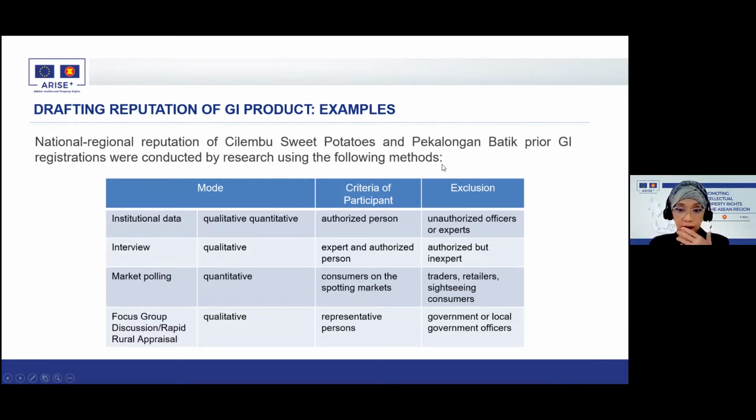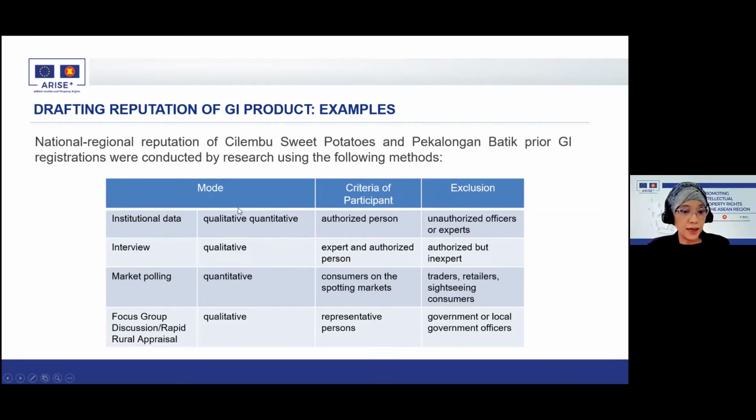Cilembu sweet potato has been registered as GI, but Pekalongan batik is still in process. But prior to the registration process, the research has been conducted. This is how we draft the research.